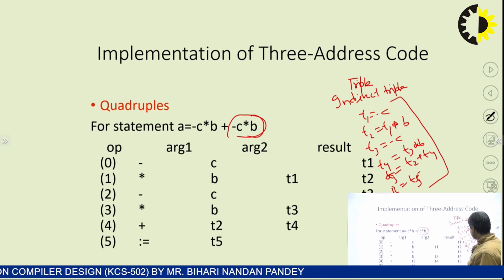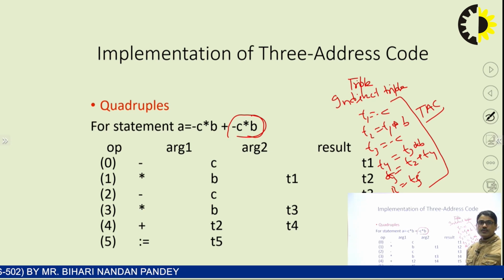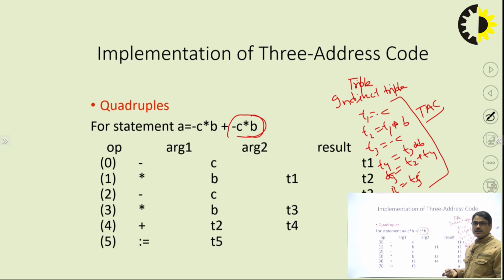After converting this expression into this 3 address code format, only then you will find which one is the operator of the first statement, which is argument 1, which is argument 2, and which is the result of this particular statement.